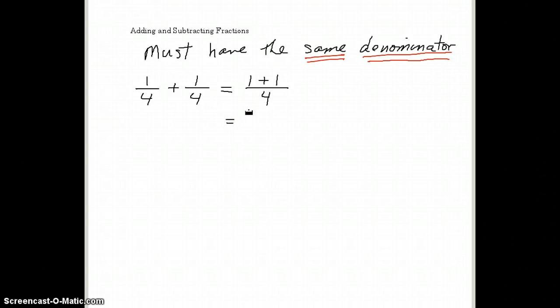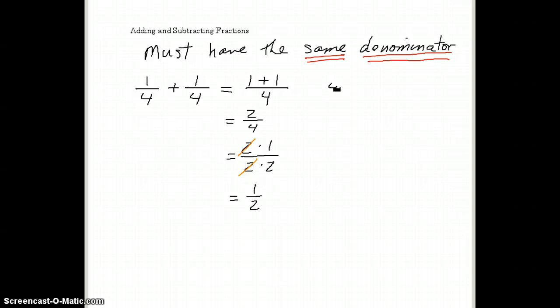Or in this case, 2/4, which reduces, we know, because this is the same as 2 times 1 over 2 times 2. So these 2's would cancel because I'm multiplying, or because they're factors. So this becomes 1/2, which makes perfect sense, I hope. 2/4 would give you a half.